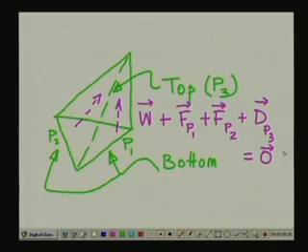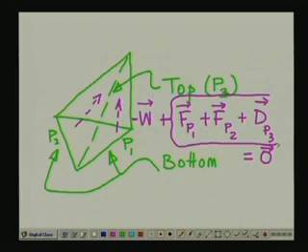Then this particular wedge is going to remain stable. Now, when you add these three quantities, if it exceeds the weight, then also the wedge is going to remain stable.